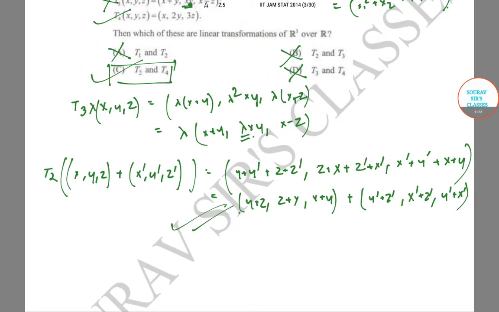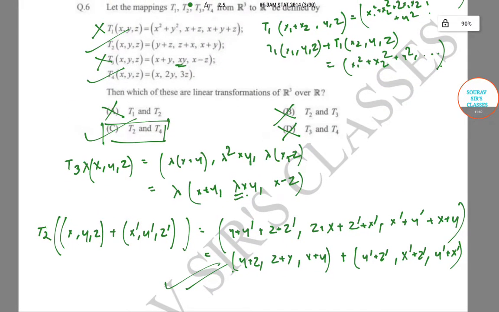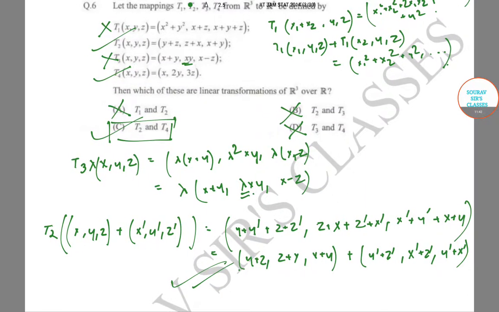The one small thing that I would like students to note in this problem is that a linear map is not a multilinear map. As I was doing here, I actually meant y plus y prime, z plus z prime here.